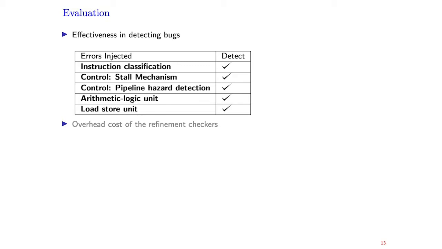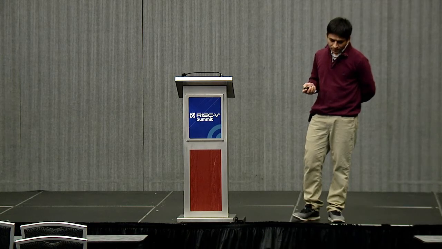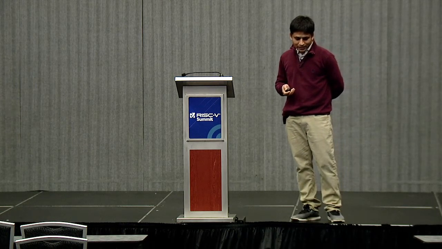Any wrong arithmetic, and then some bugs in the load store unit in terms of data forwarding or not. So with a very reasonable test suite, which comes with the Sodor processor, I could detect all of them. So that hopefully convinces you that the checker is not worthless.